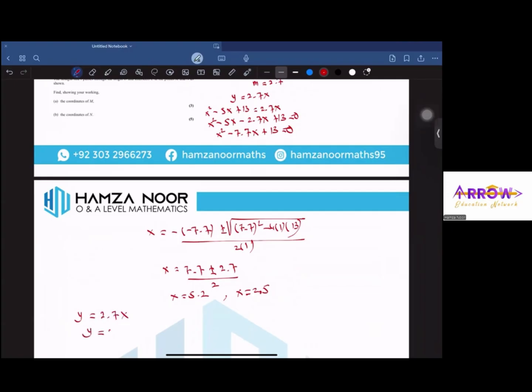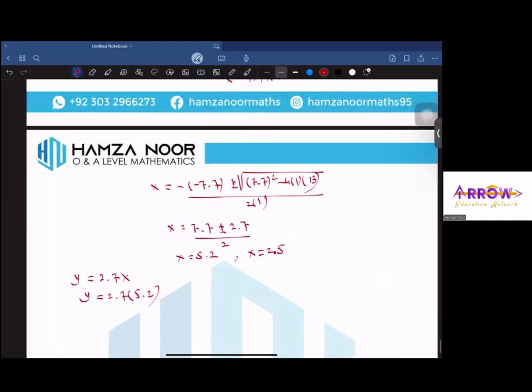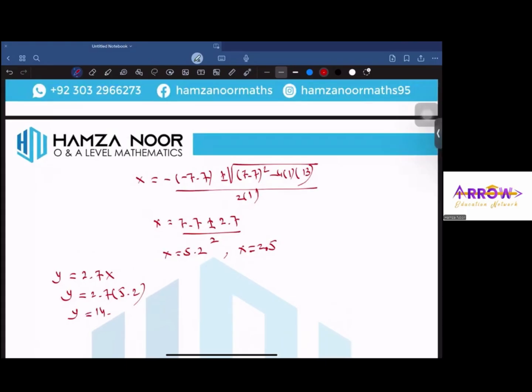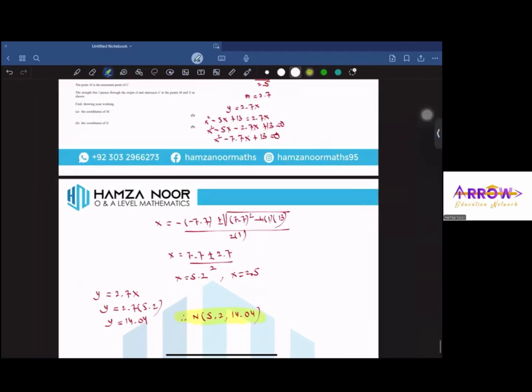So y equals 2.7 multiplied by 5.2. What is the value of 2.7 multiplied by 5.2? This is 14.04. So therefore we can say that the coordinates of N are (5.2, 14.04). This is supposed to be your answer to part B.